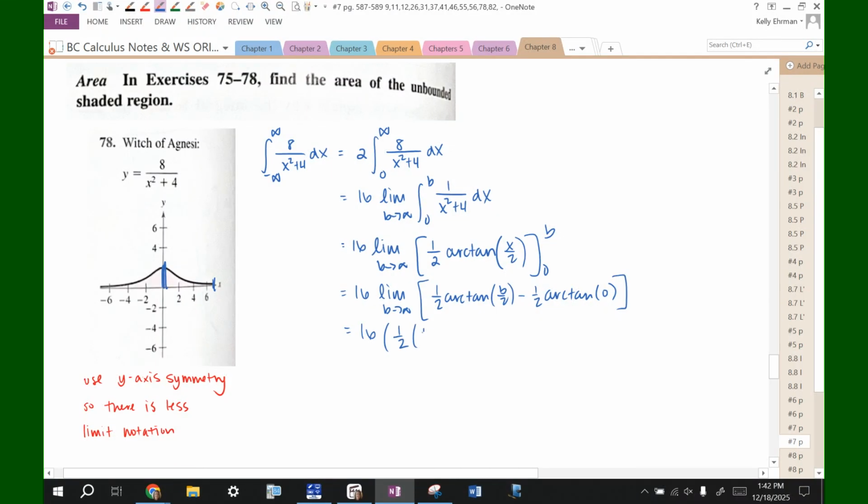Arctangent of infinity is pi over 2. 1/2 arctan of 0 is 0. 16 times pi over 4 is 4 pi. Cool.